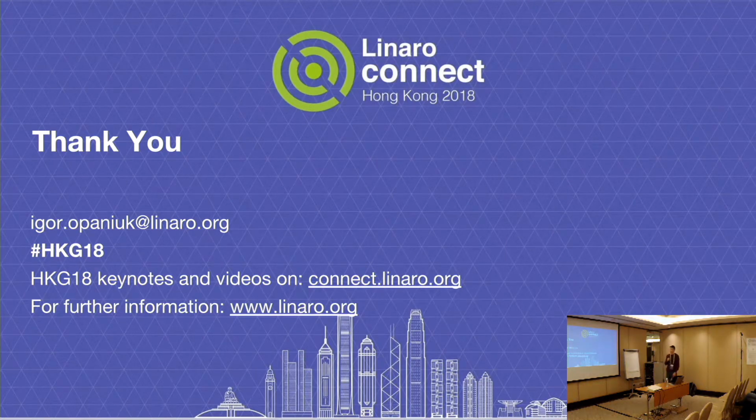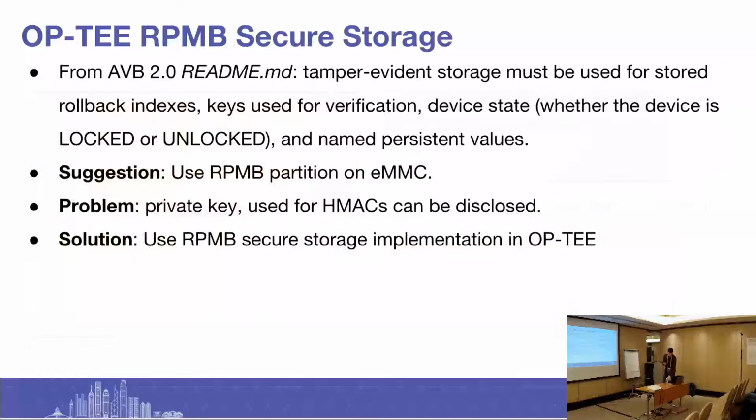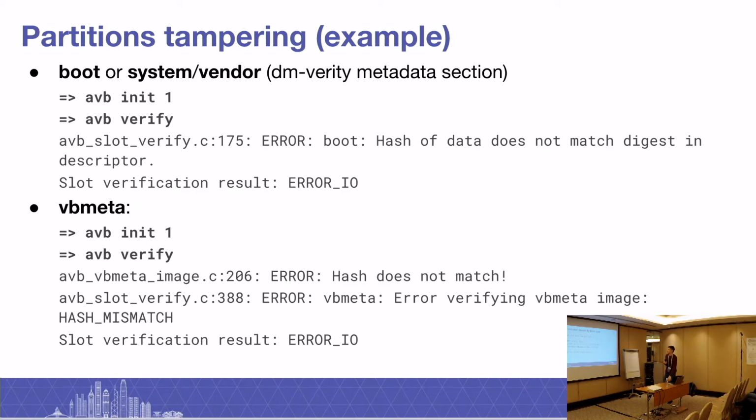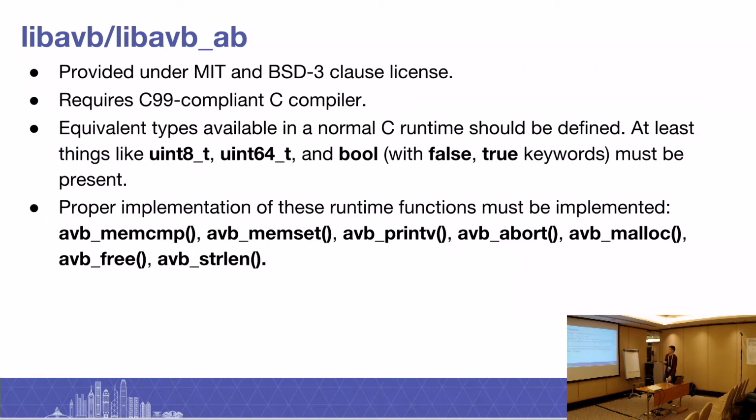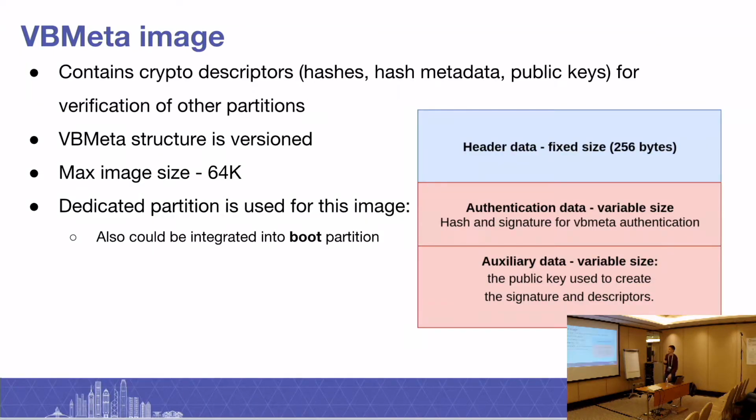Thank you. Any questions? For the verification part, why don't you just use the FIT verification mechanism? Because U-Boot supports some verification in the FIT image format. Yeah, it has. First of all, AVB is a requirement from Google.